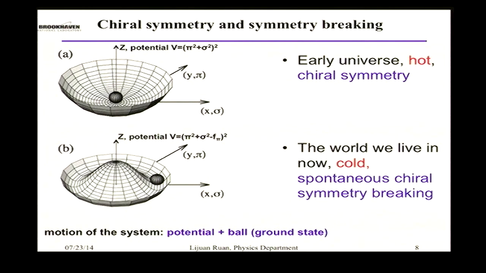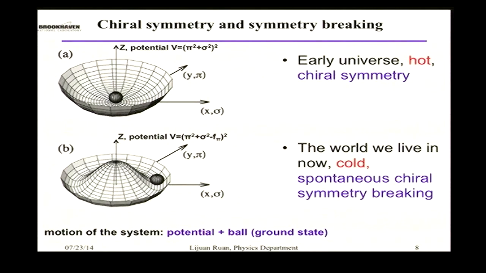The potential has a ball-like shape. You can imagine if you throw a ball in this potential, this ball will find its most comfortable, most stable place at the center. And now, if you look at the ball plus the potential, it's symmetric.